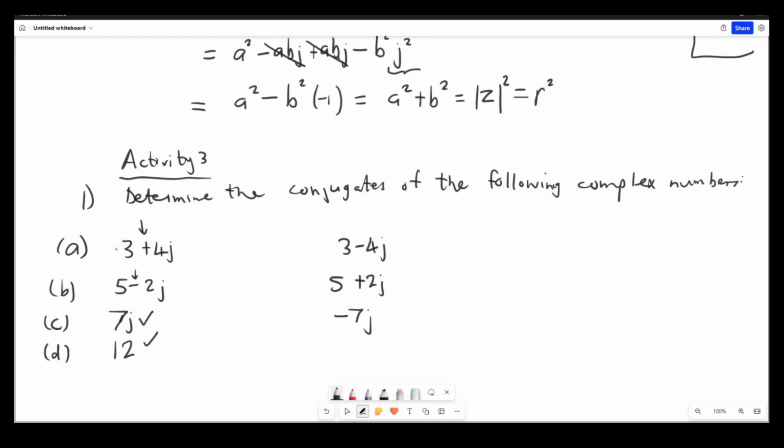The real part is not affected. You can even see for the 3 and the 5 on A and B, it's unaffected. It stays the same. And by the same token, the 12 will remain the same. Okay. All right. So there are your conjugates. So it's 3 minus 4j, 5 plus 2j, and minus 7j, and then 12.